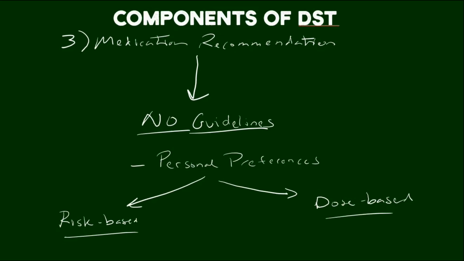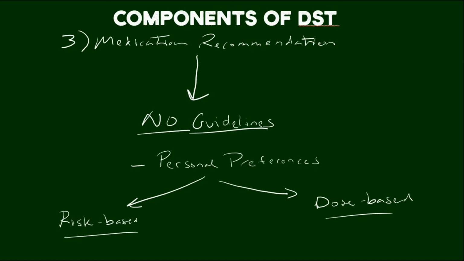So often you'll see in a medication recommendation section something like, this patient is a poor metabolizer at this gene, therefore your patient has a higher likelihood of side effects on this drug, or your patient has a higher likelihood of non-response on this drug. That would be a risk-based recommendation.